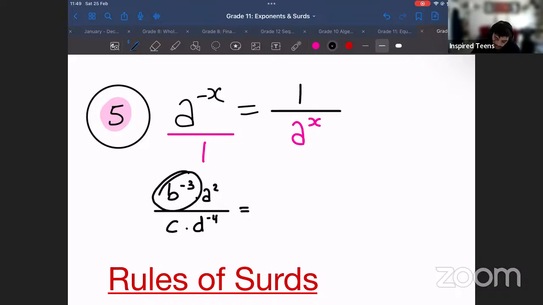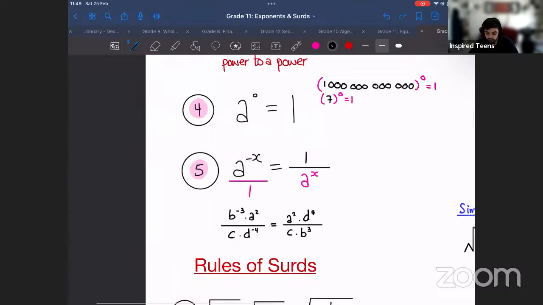So for example, B, I take it to the bottom. So on top, I'll have a squared, right? And at the bottom, we can see that C is positive, so I can leave it as well. Maybe I want to write it in alphabetical order, but it doesn't matter for now. B, however, I take to the bottom and it becomes positive. That's how you do it. Then we have D to the negative 4. I want to make it positive, so I have to take it to the top. And that's how I do it.